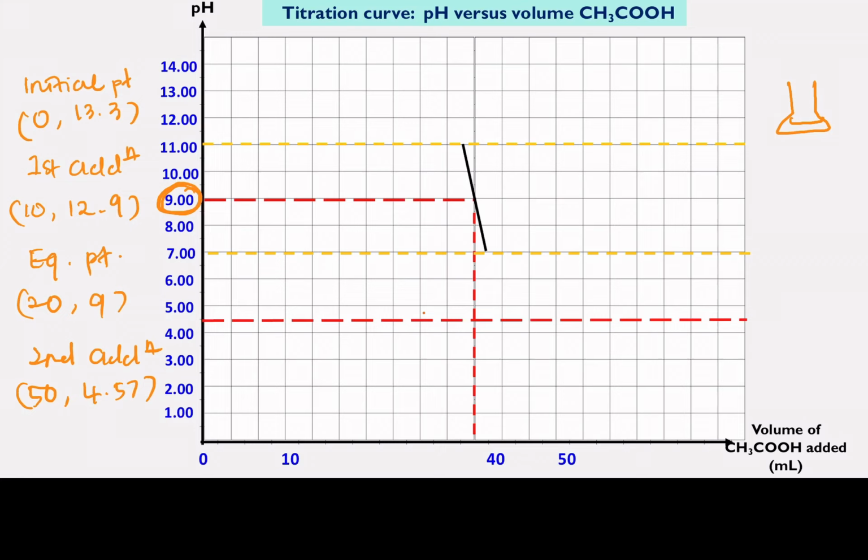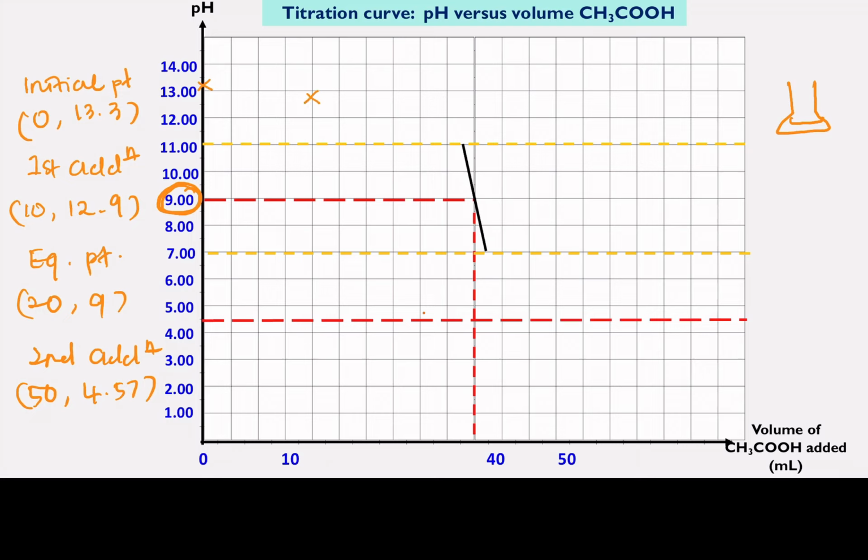It will be 13.3 at 0. Agak-agak sini 13.3. Okay, and then you have 12.9 at volume of 10. 12.9. Mana 10 ni? 12.9 maksudnya dekat 13 sini.